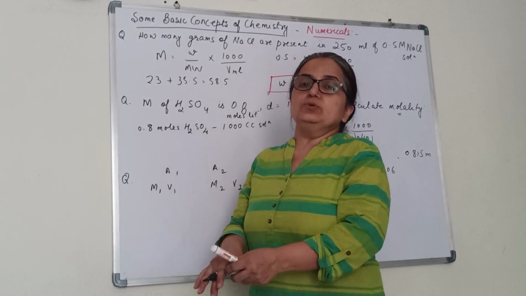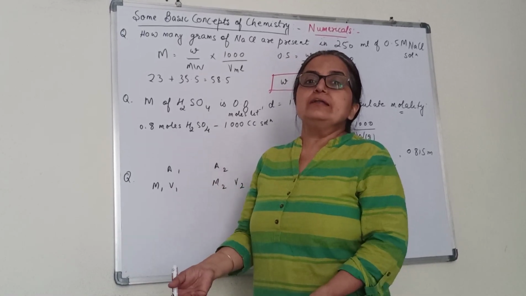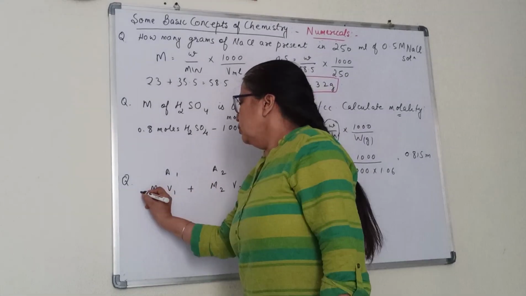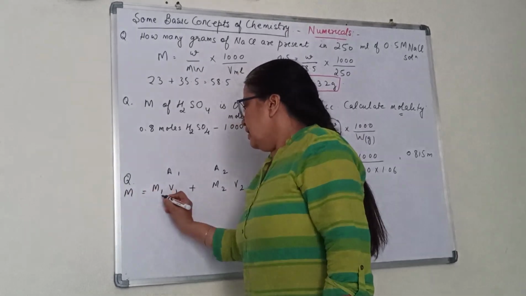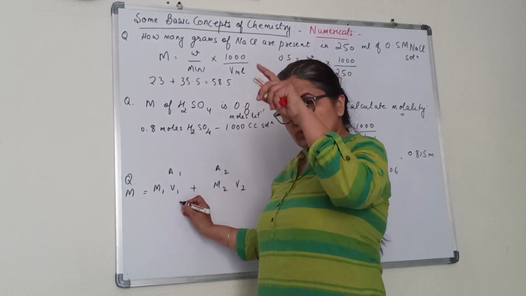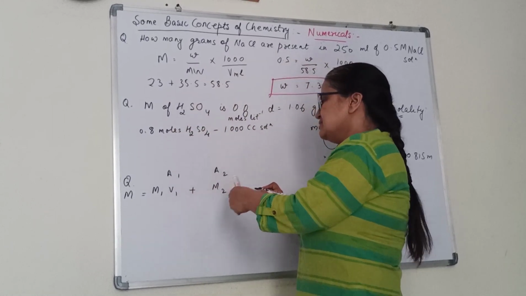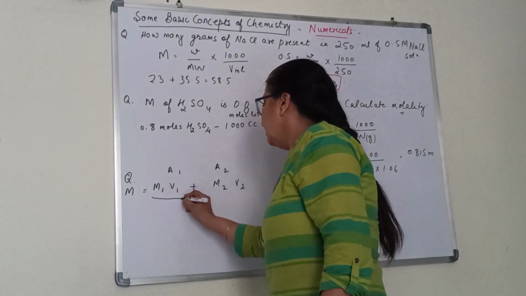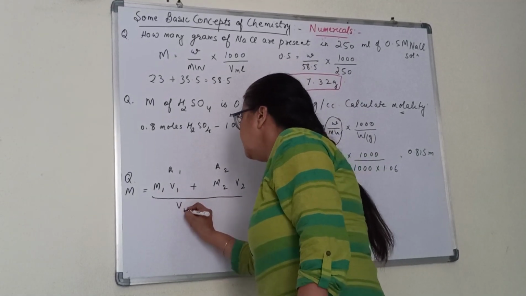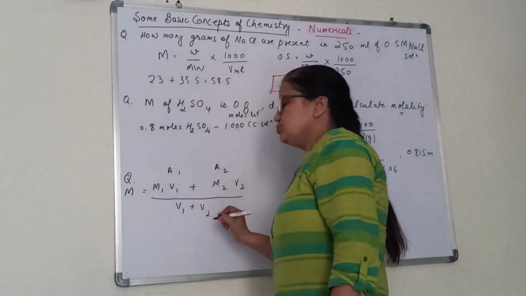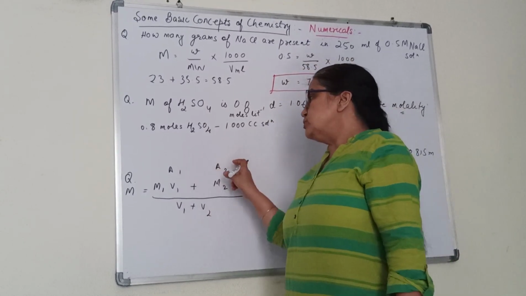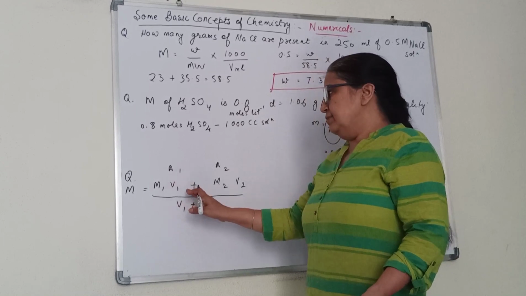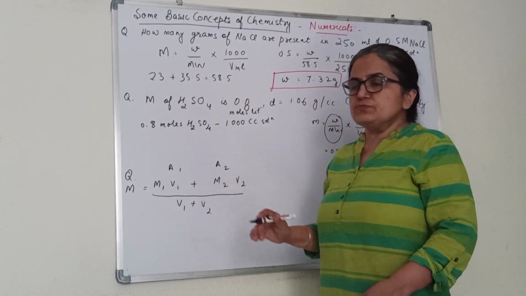When you mix the two, what is the resultant molarity they ask? That we can do by the formula. Resultant molarity is equal to M1 V1, that is for the first acid, plus M2 V2 for the second acid, divided by V1 plus V2. Instead of this, suppose bases are given, then also it is the same: M1 V1 plus M2 V2 by V1 plus V2.